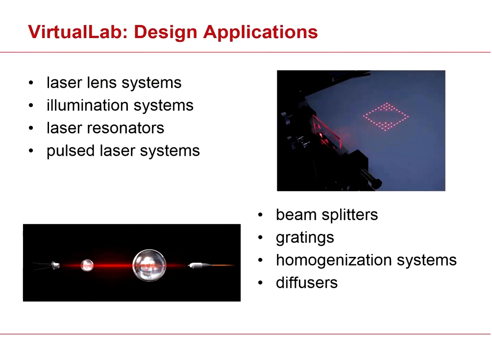There are a lot of applications for VirtualLab, especially in the field of laser systems, also including pulsed laser systems and laser resonators. And we have also solutions for illumination systems, so for design tasks in illumination systems. Some examples are given here, which include the design of beam splitters, the design of gratings and diffusers, and also applications for homogenization systems for LED light sources.